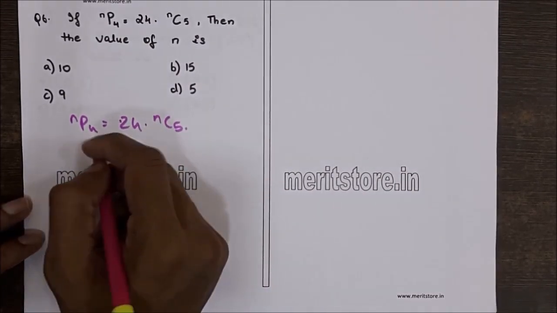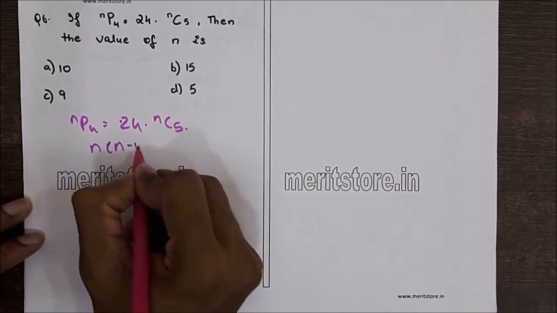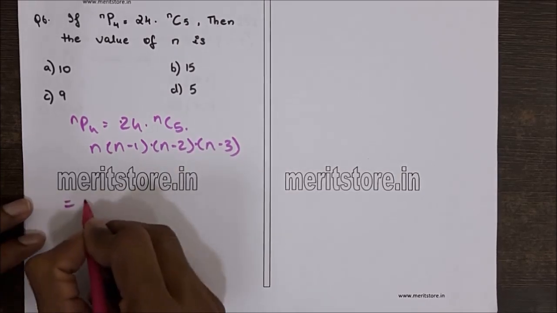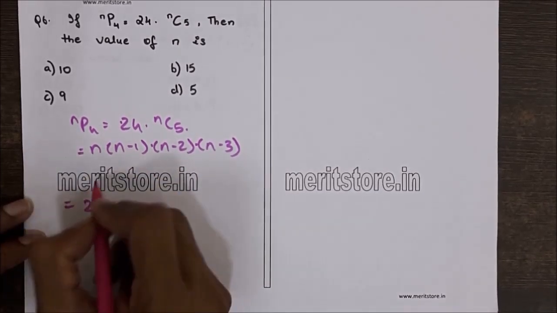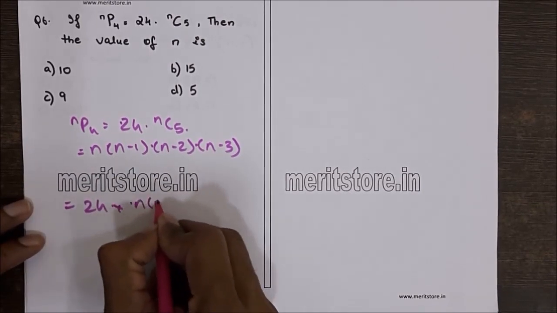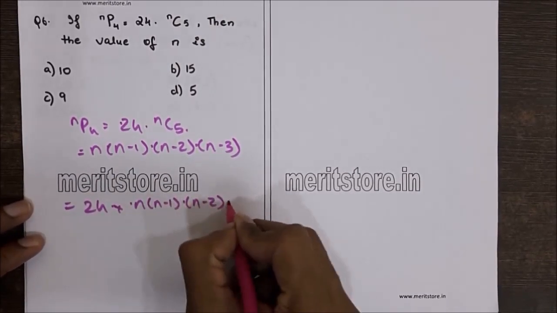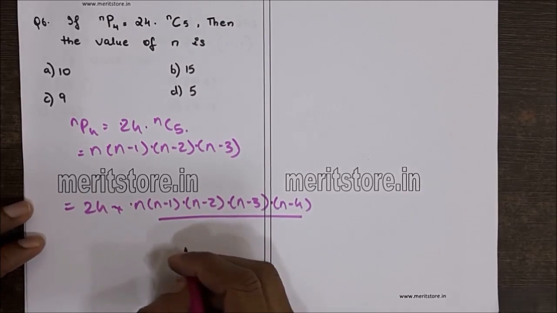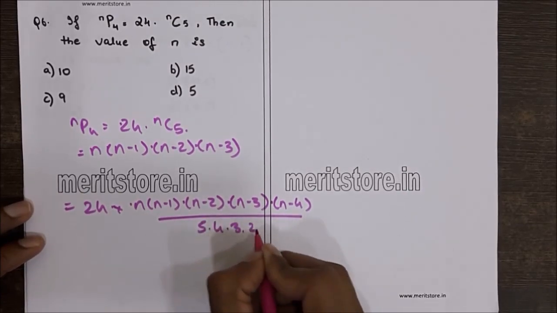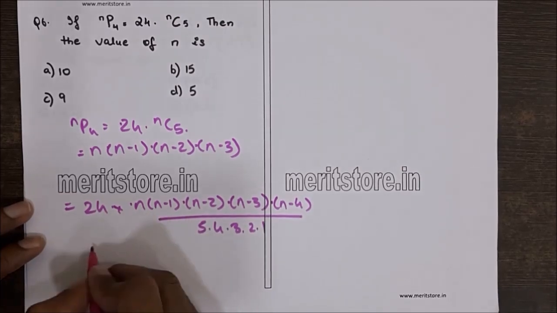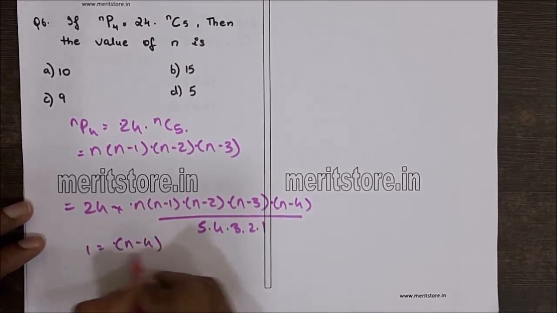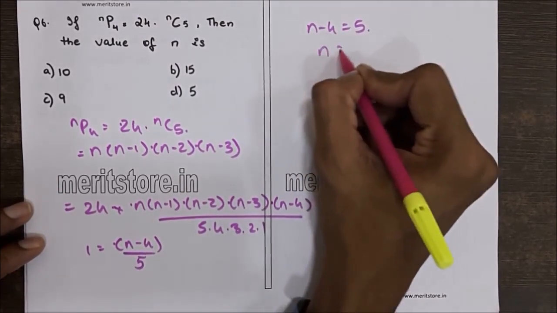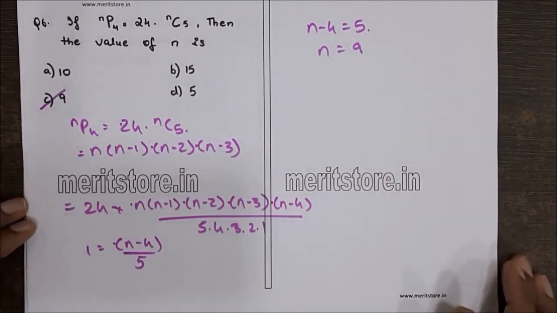So in this, we have n(n minus 1)(n minus 2)(n minus 3), which can be written as 24 into n(n minus 1)(n minus 2)(n minus 3)(n minus 4) upon 5, 4, 3, 2 and 1. For solving, we get 1 is equal to (n minus 4) upon 5, so solving for n, we get n minus 4 is equal to 5, that is n is equal to 9, which is our option C. Therefore, option C is the correct answer.